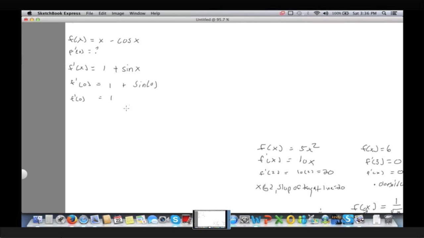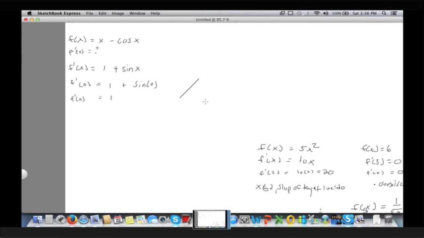All right, good. So how would we interpret that answer? This answer would be when x is 0, the slope of the tangent line to the function is 1, and also as x increases from 0 to 1, then the value of the function also increases by 1. So we would have a straight line here, right?